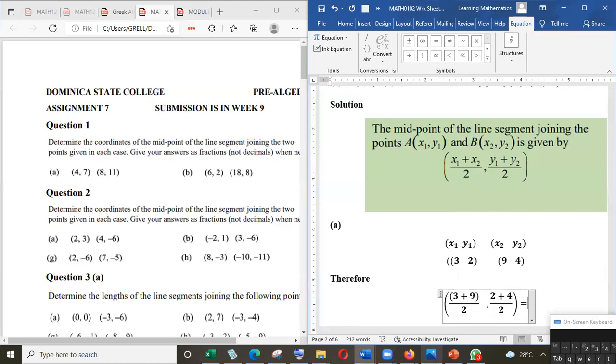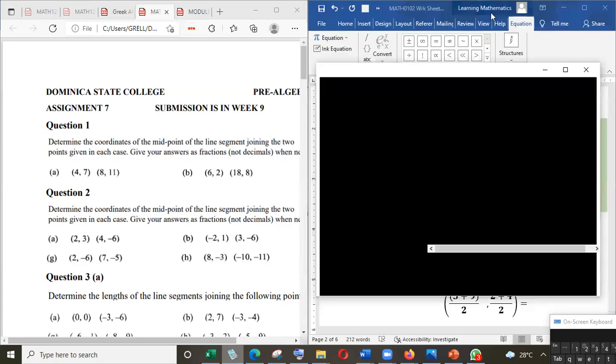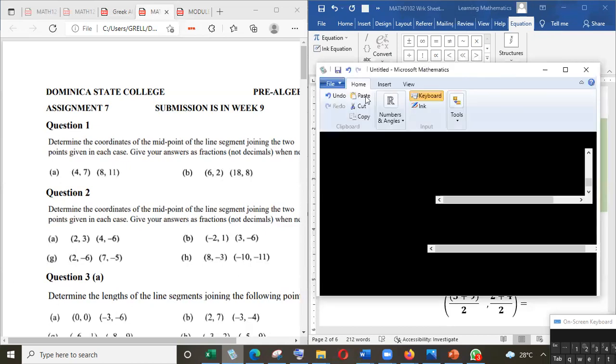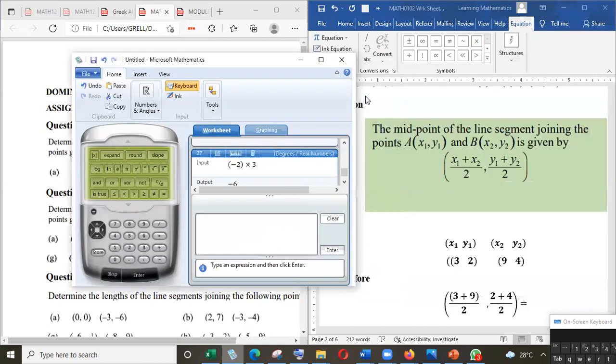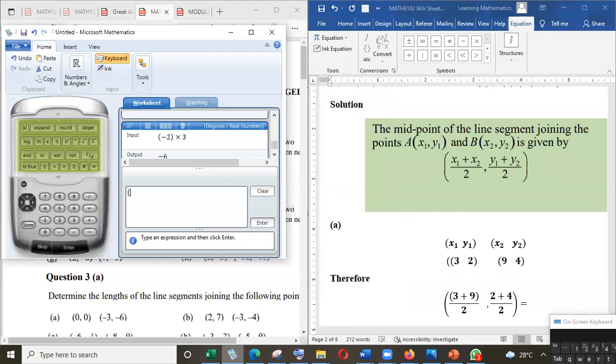So now we are going to find what is 3 plus 9 divided by 2. 3 plus 9 is 12 divided by 2. That will give us 6, but we can actually show it in the working. Open bracket, 3 plus 9.